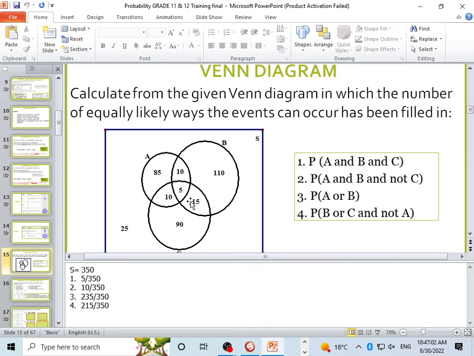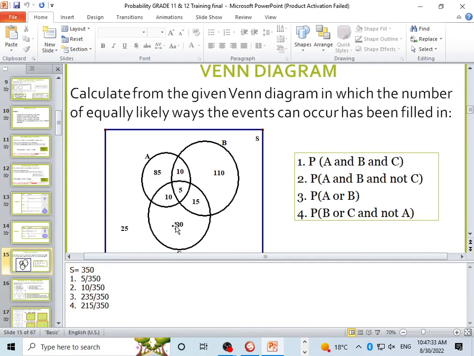They are not saying A and B, they are saying A or B. That 5, do all of those 5 learners have math and accounting? Never mind what else they have. Do they have math and accounting or accounting? Yes, because it's part of A, it's part of B. So it's plus another 5. And then this 10 here, it's between A and C. Yes, because those learners have math.